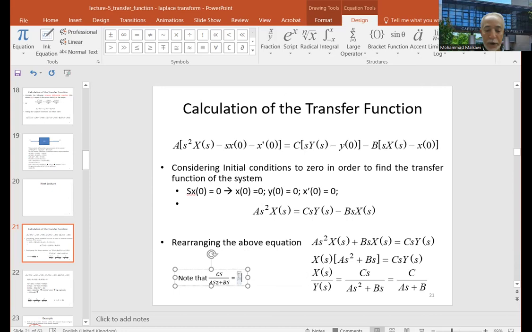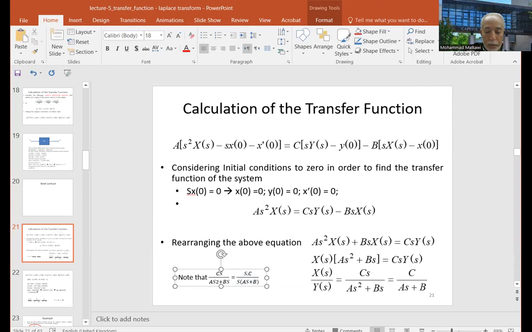I'll take here the s times c, and here I will have the s factored out, and then it's a s plus b, which is equal to, so we take the s out.